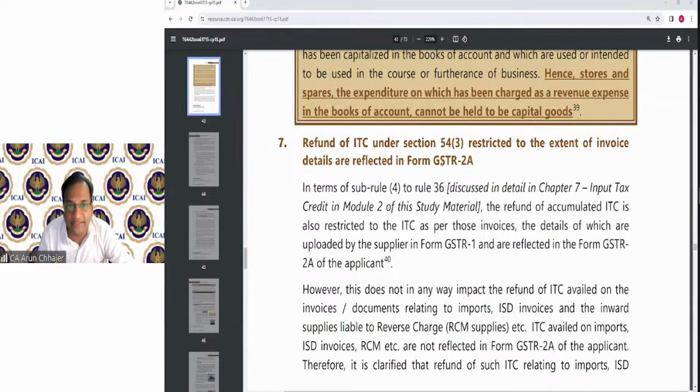A refund of ITC under 54.3 is restricted to the extent of the invoice details reflected in GSTR 2A. We all know the concept of GSTR 2A, 2B, ITC should be available in 2A, 2B.